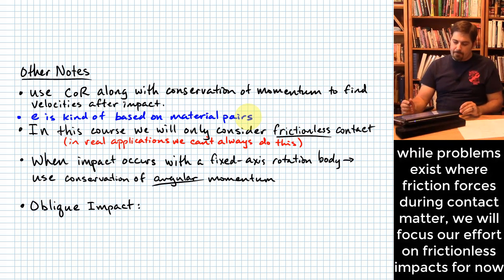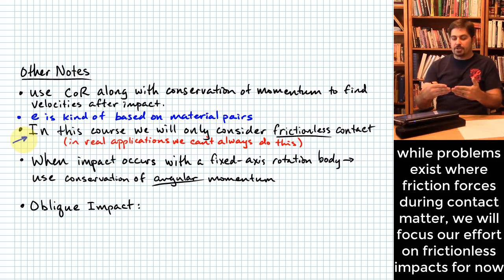One thing I will say: it doesn't mean that there aren't problems that arise where they are different than this, but in this course we are only going to think about problems where we have frictionless contact between bodies. It's not that other kinds of problems can't be handled, it's just that it makes them significantly more complicated if you're looking at general impact, one body to another.